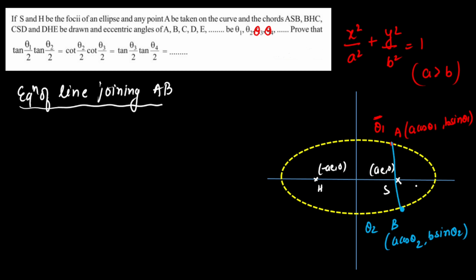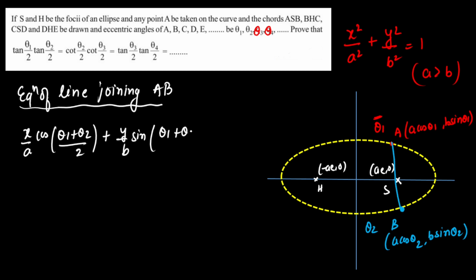You should remember this result, for JEE Mains and JEE Advanced it is very frequently used. So the equation of the line is x by a cos of (theta 1 plus theta 2) divided by 2 plus y by b sine of (theta 1 plus theta 2) divided by 2 is equal to cos of (theta 1 minus theta 2) divided by 2.